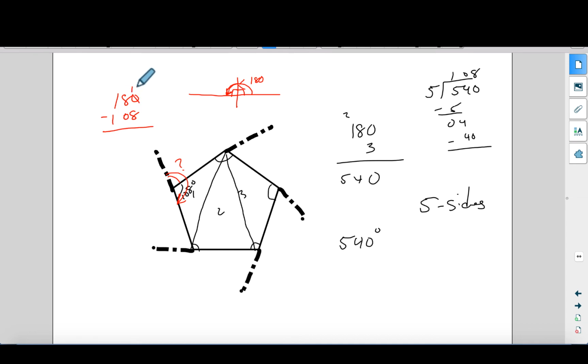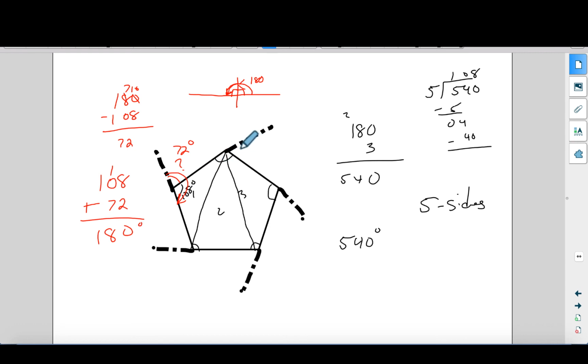So let's borrow, right? And so if we have 72 degrees here and 108 here, does that equal 180? Let's try it. 108 plus 72: 0, carry the 1, 8, 1. Look at that.